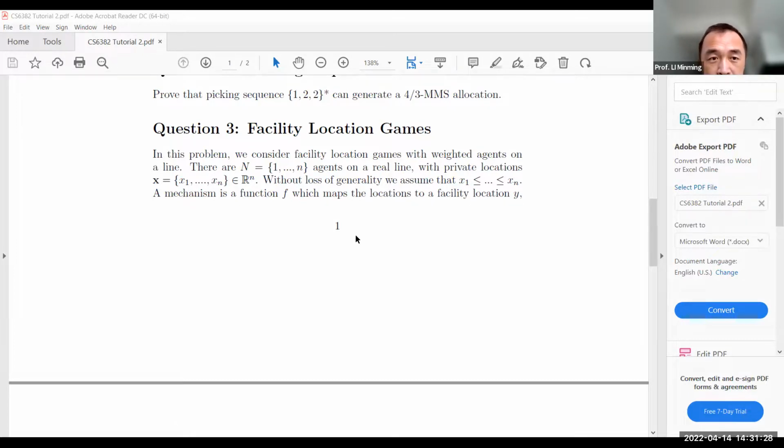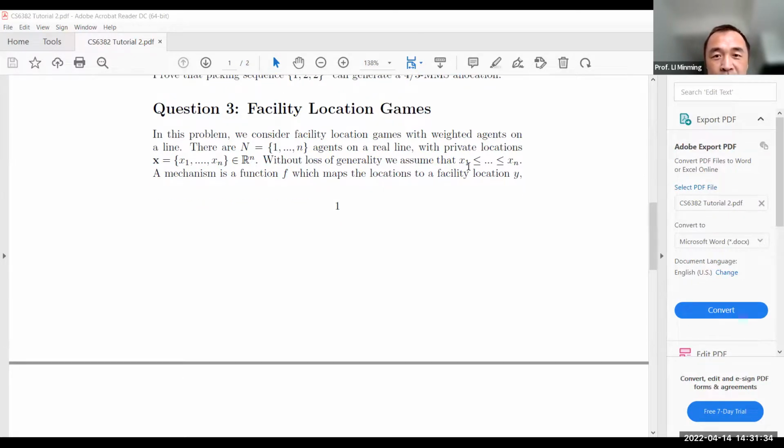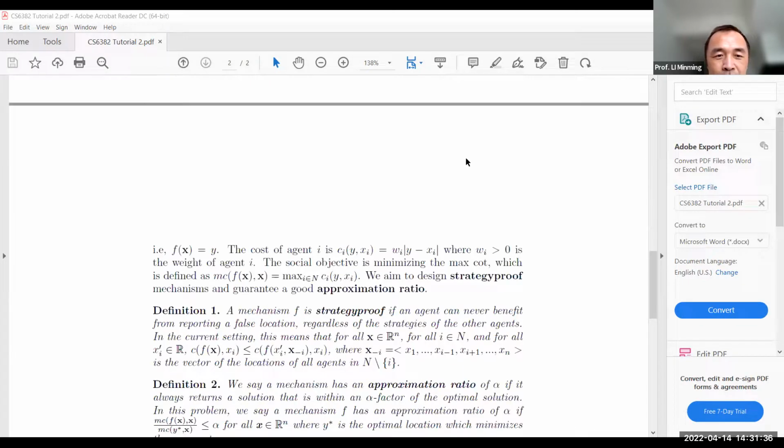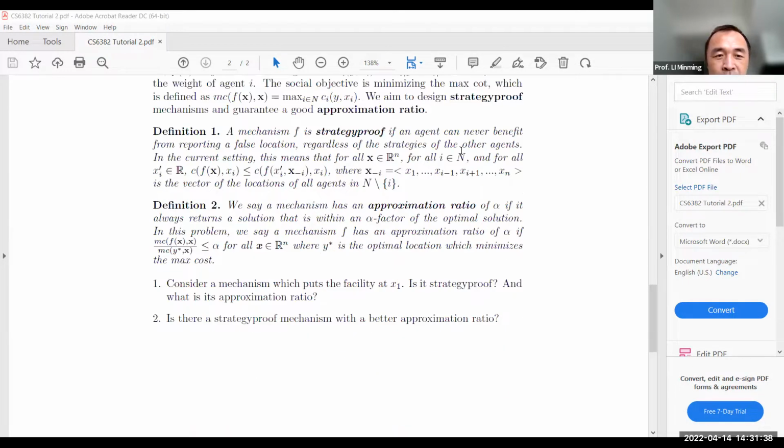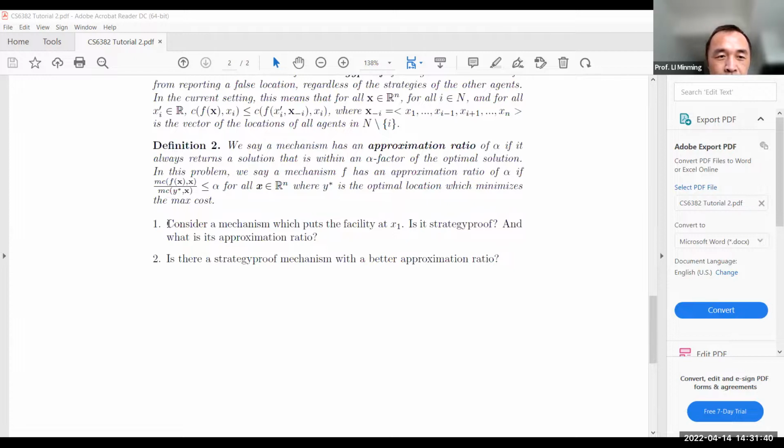So facility location games, you see, here we are talking about the weighted version, right? So there are n agents, and then we have their locations. And what's the question? Well, the question is, if a mechanism puts the facility at x1, which means the leftmost position, is this strategy-proof? And then what is the approximation ratio, right?